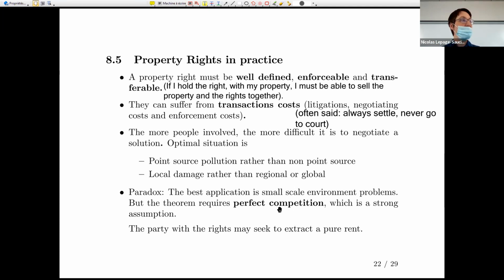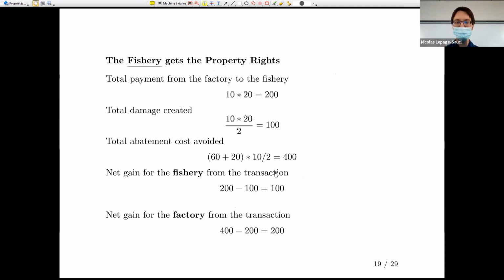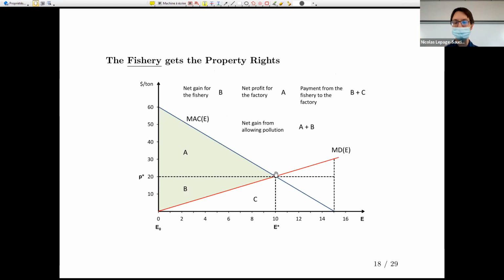And so what may happen is that parties will just try to not have a market price, but to extract as much rent as possible.